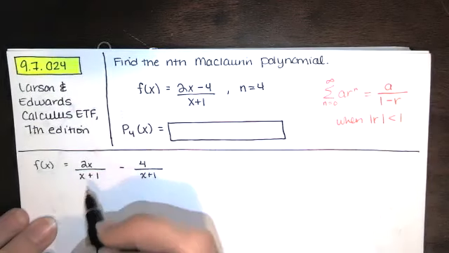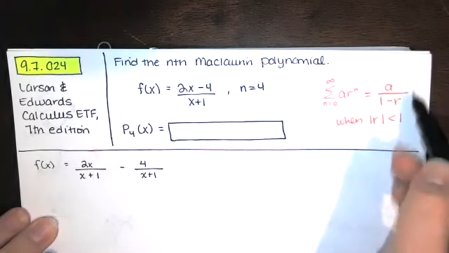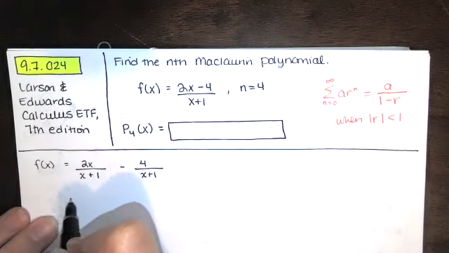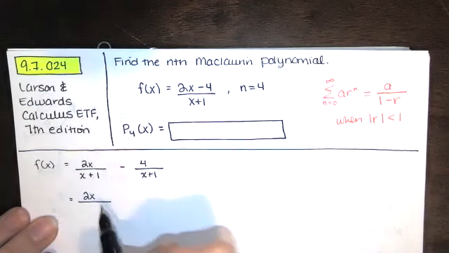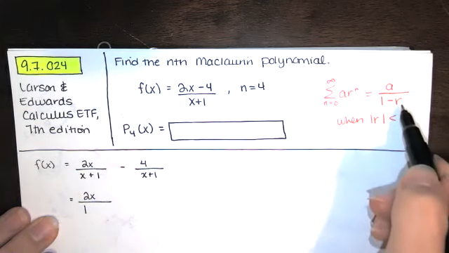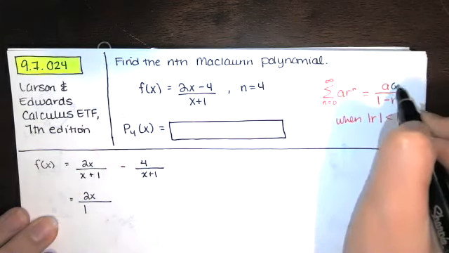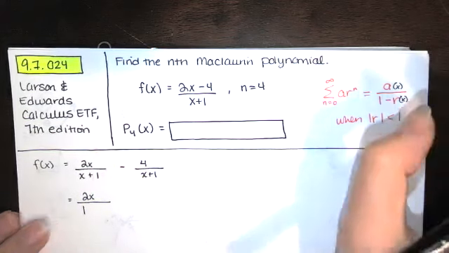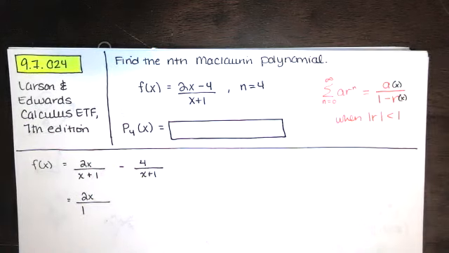So let's make this look like this. Well, I need to have a 1 minus r in the denominator. So I'll put the 1 first. I want my r to be a function of x potentially, my a to be a function of x. So think of that as r of x and a of x. That's not multiplication, that's function notation like f of x.